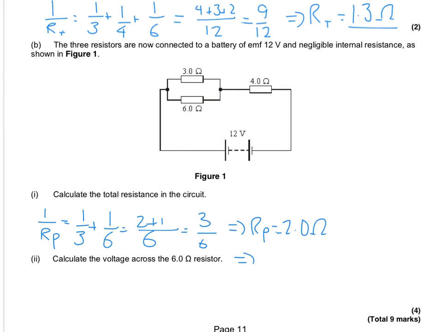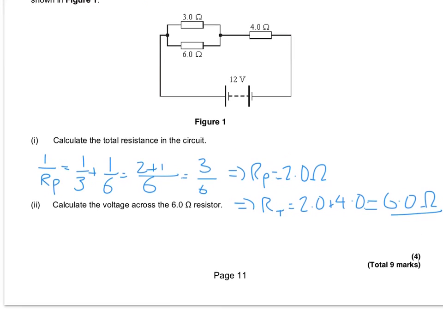So then to get the total resistance, 2.0 plus 4.0 gives you 6.0 ohms. Like this, that gives you the total resistance.